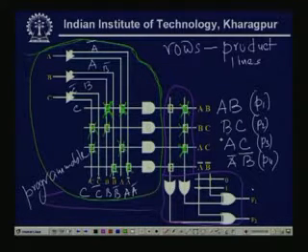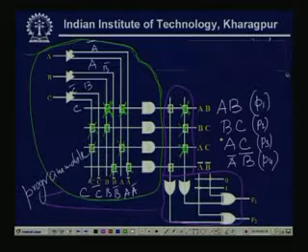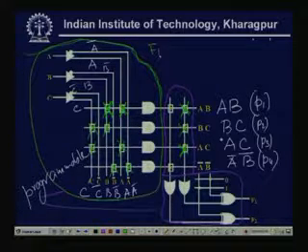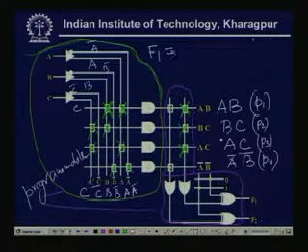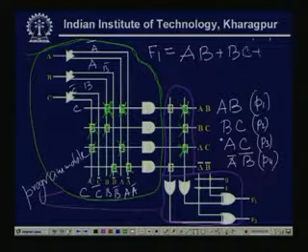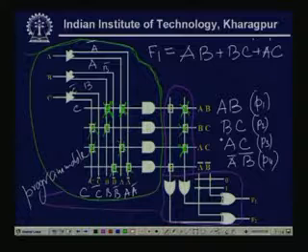So, my F1 is AB plus BC plus AC. Here for F1 I am considering the output of the first OR gate.